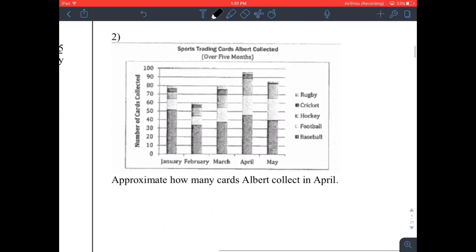So here's a different kind of chart. Bar graph, histogram perhaps. The question is, approximate how many cards Albert collected in April. So April is here. It doesn't say what type of cards, so we're going to assume all of them.